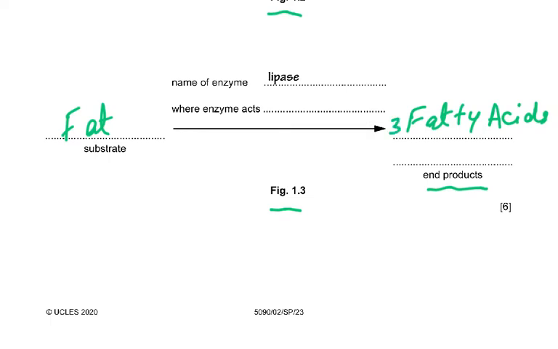There are actually 3 fatty acids. I don't think you need to write that, and the other which you had to write was glycerol. Please do not write glycerine or something like that because you usually mess this up. Where the enzyme acts, you know it's produced by the pancreas, so it's going to act in the duodenum, and you could have said small intestine as well.